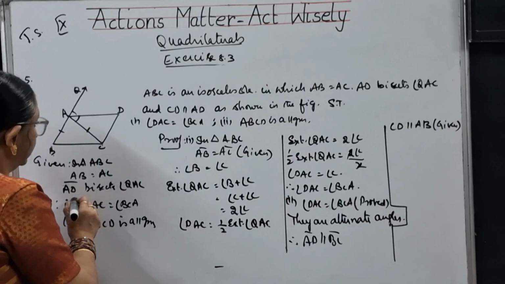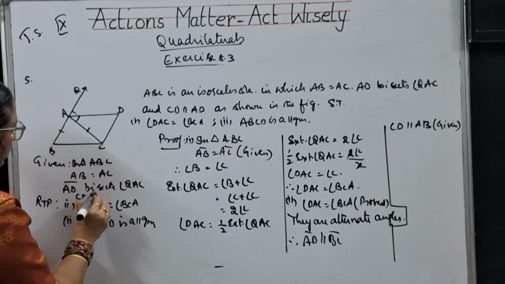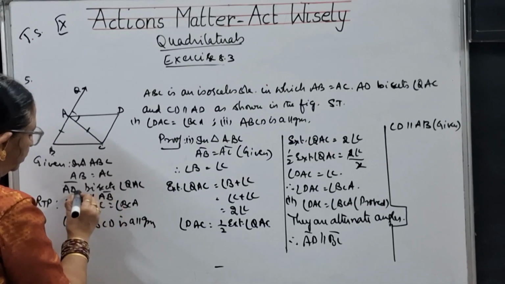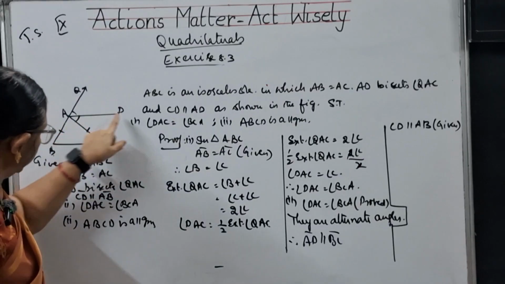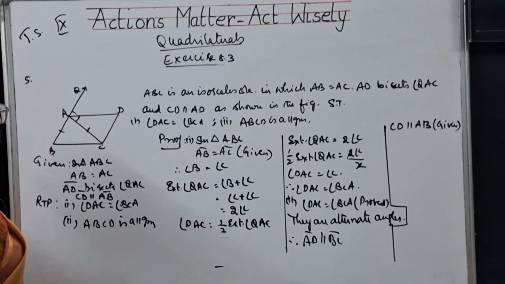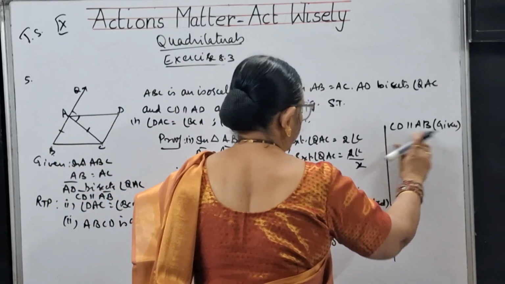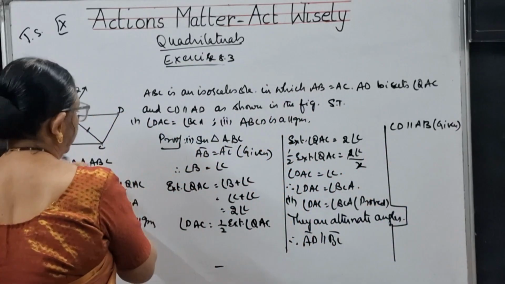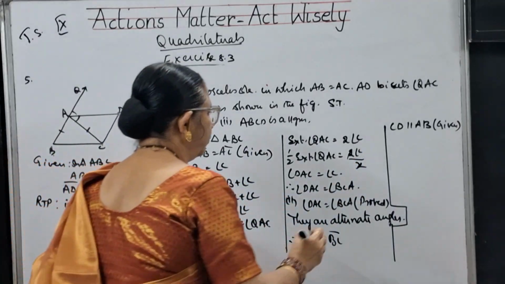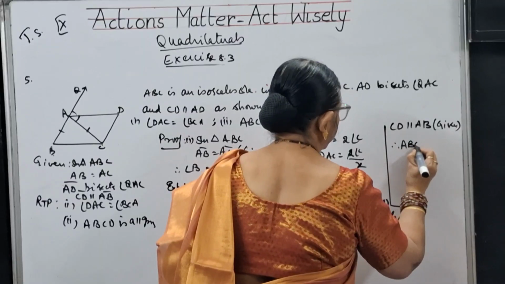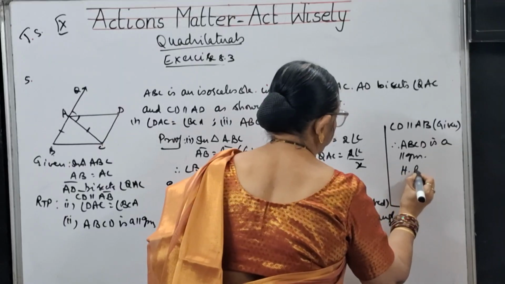Here I have not written it, so we should write: CD is parallel to AB. Therefore, what can you say? ABCD is a parallelogram. This is the proof they have asked.